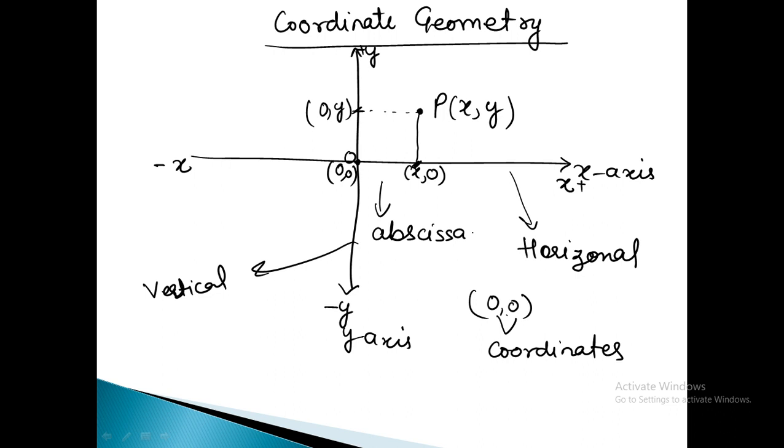The perpendicular distance of a point P from the x-axis is the y coordinate, which is known as the ordinate.